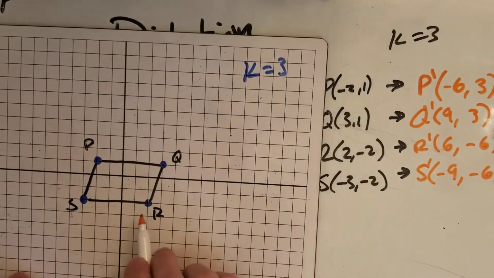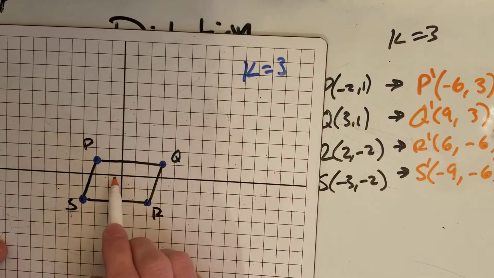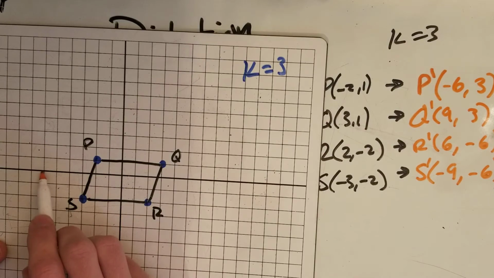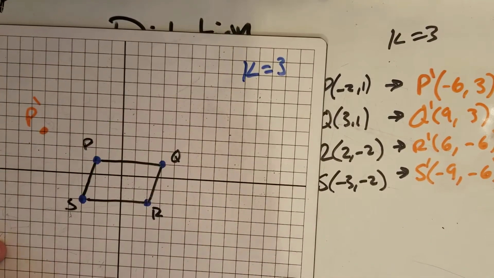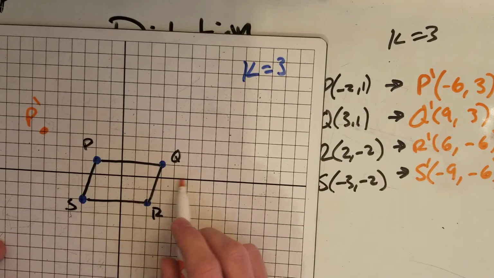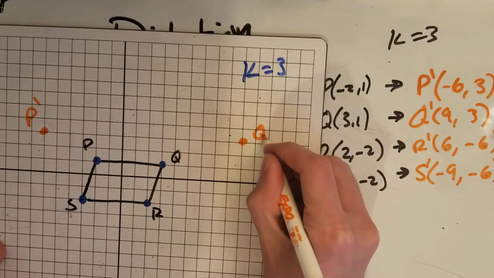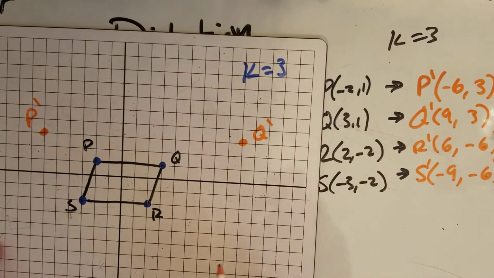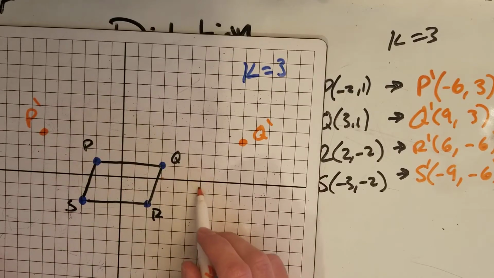When it comes to graphing that, we just graph the points that we just had. Negative 6, 3, that's going to be P prime. Q is going to be 9, 3. That's going to be Q prime. R is going to be 6, negative 6.